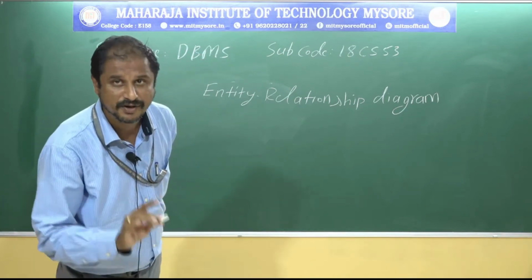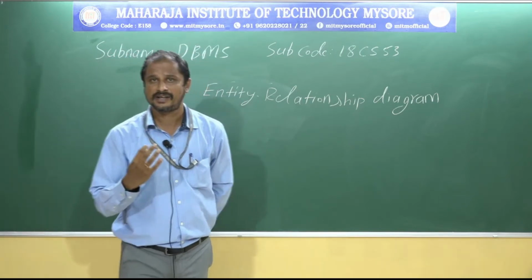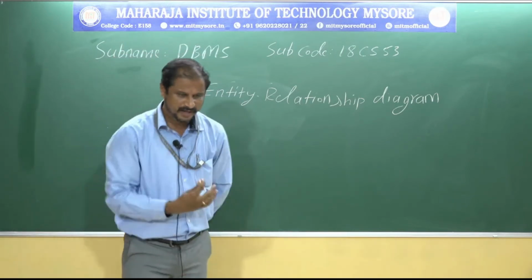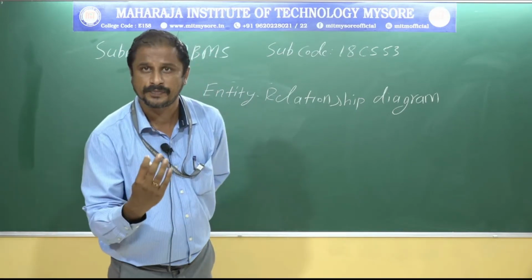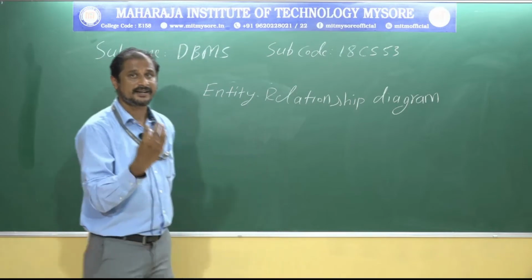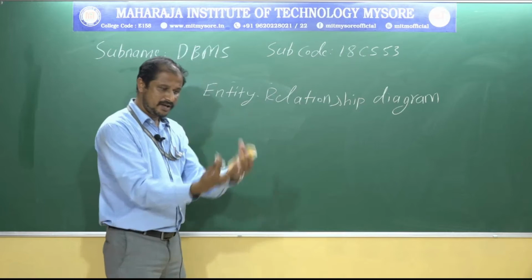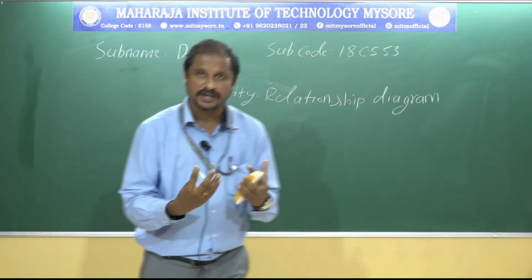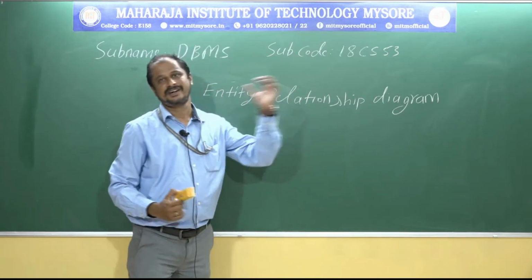I'm saying it three times because DBMS is diagrammatic. When you talk about a database with tables, tables are as powerful as diagrams. When you want to represent database management diagrammatically, you require the entity relationship diagram.